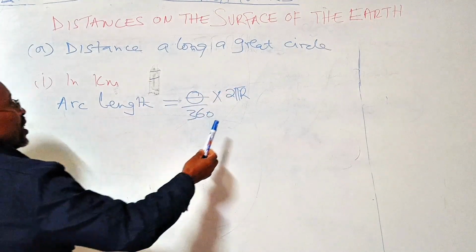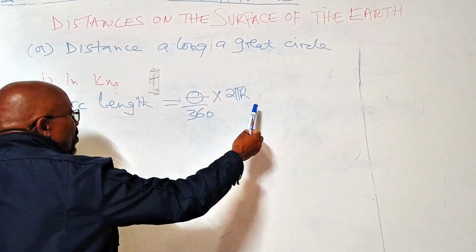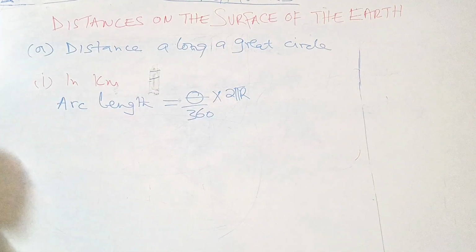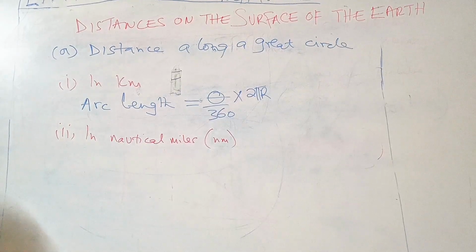We usually take the pi as given and the radius of the Earth as given. The nautical mile is defined as the length of an arc of a great circle which subtends an angle of 1 minute at the center of the Earth.